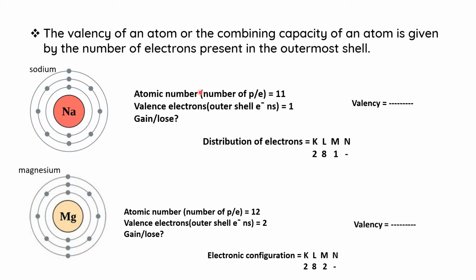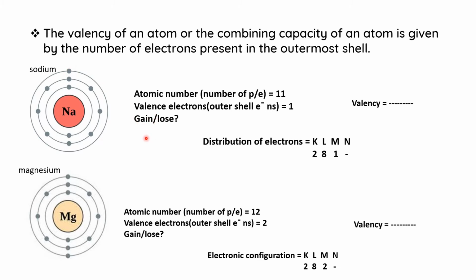Now one more is there, because the atomic number of sodium is 11. So in the last shell we put 1. So here the atomic number of sodium is 11, and the valence electrons are 1. Valence electron means the outermost shell, so here only 1 electron.